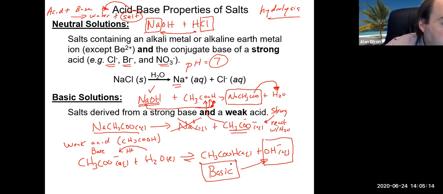And that means that if we took the pH of a sodium acetate solution, we would expect to find the pH in the basic range because it's producing OH minus.